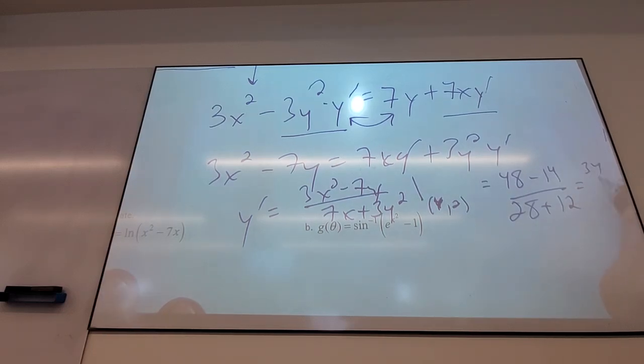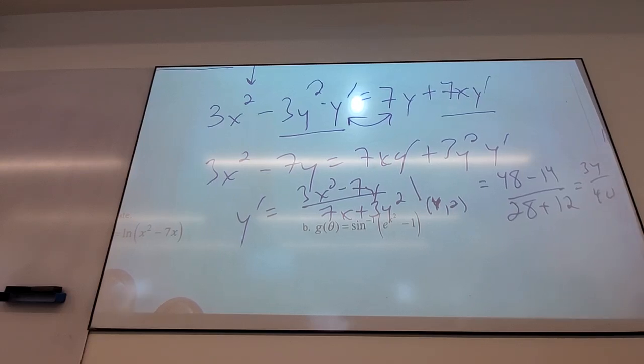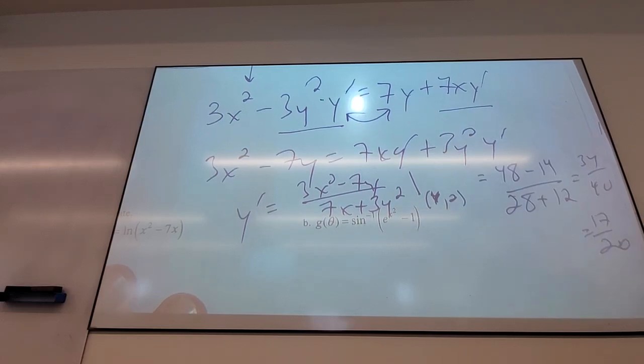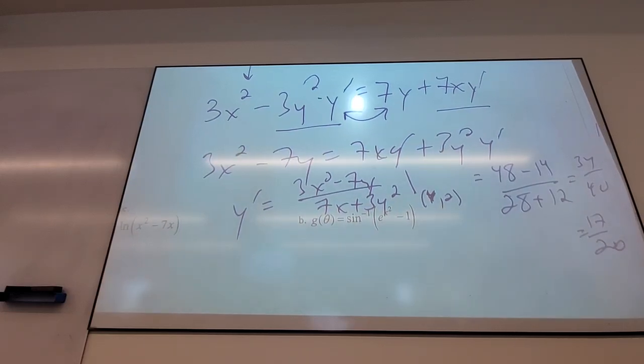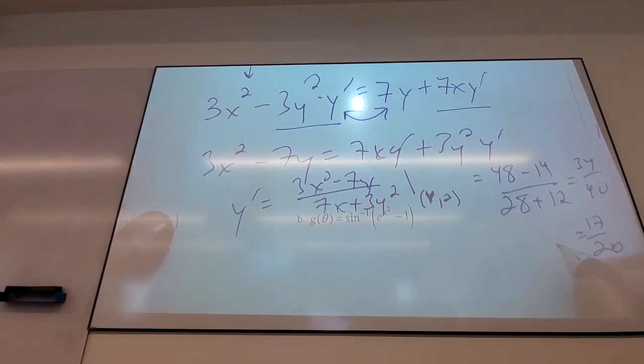So I get 34 over 40, which is also known as 17 over 20. Does that look all right? You guys concur? And that is the what again? The slope.